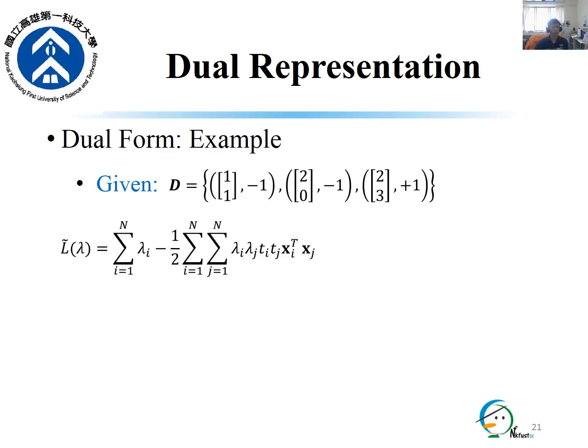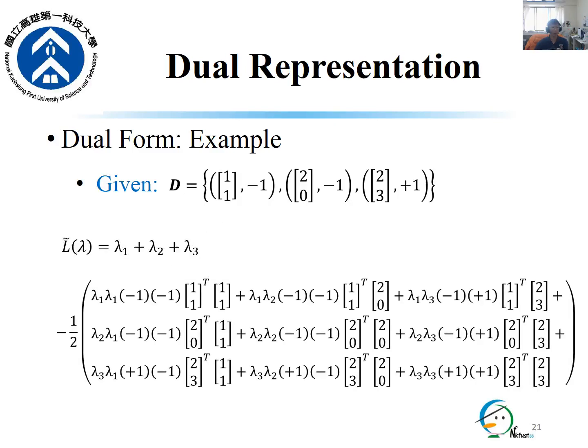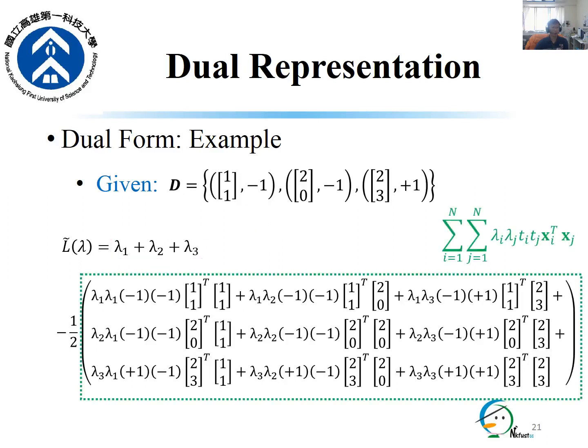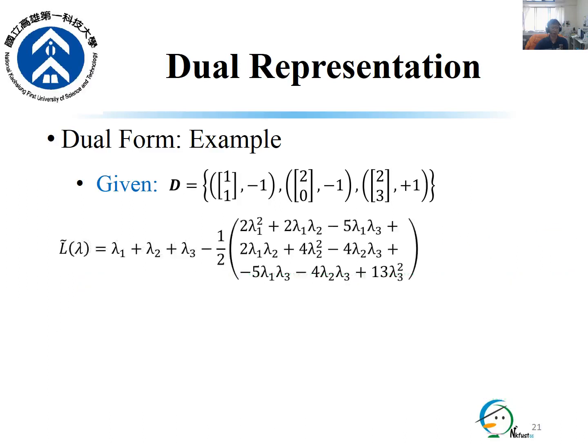The Lagrange function of the previous example is shown here. The equation in the rectangle is for sum of lambda I for all I, and in the green rectangle is the sum of lambda I lambda j Ti Tj Xi transpose Xj over all I and j. After mathematical calculation, we have the Lagrange function as this equation.